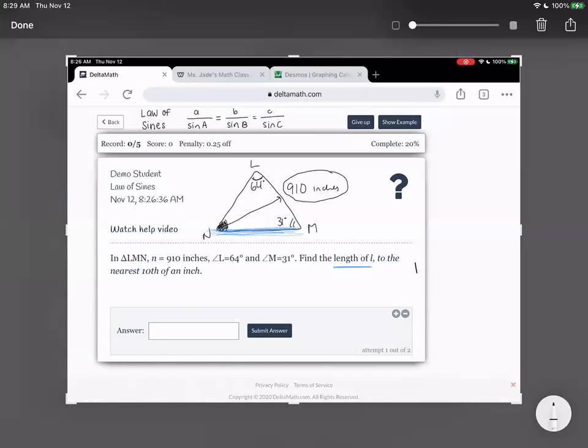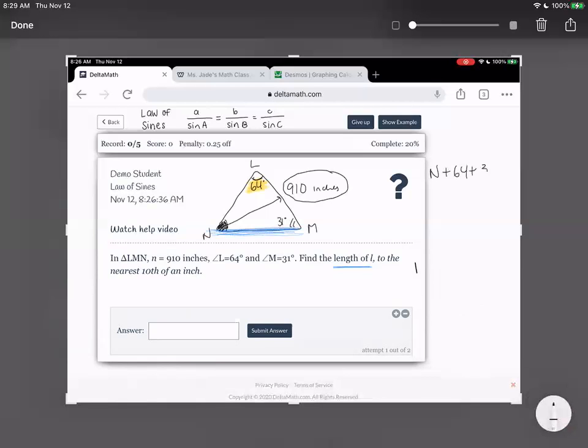To find that black angle, we need to use the fact that the angles in a triangle add up to 180 degrees. I'm just going to call that angle N because it's the letter N. So N plus 64, where am I getting 64? It's right over here.